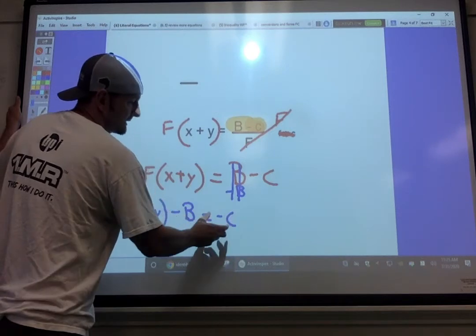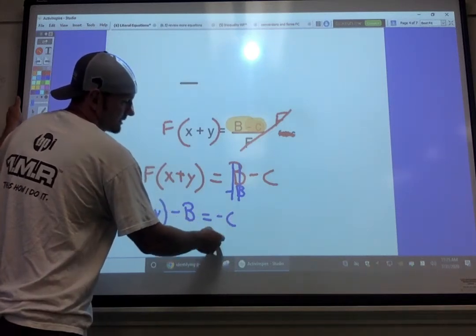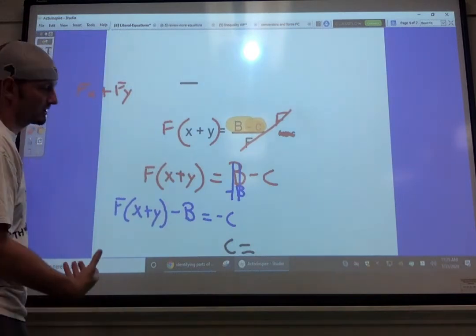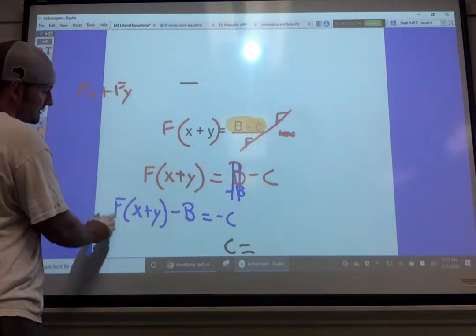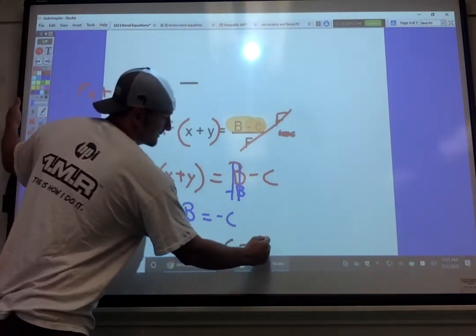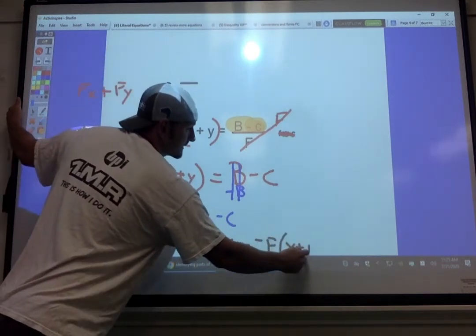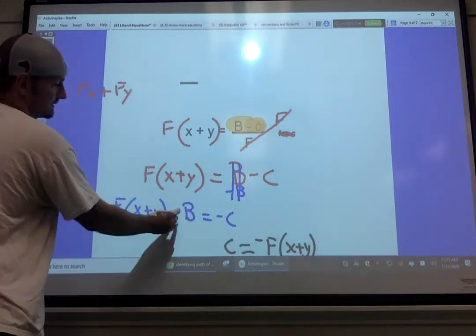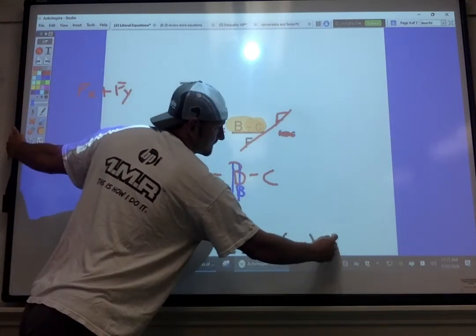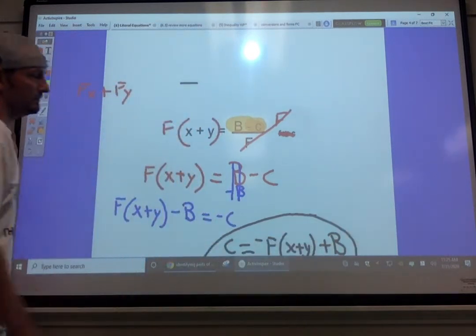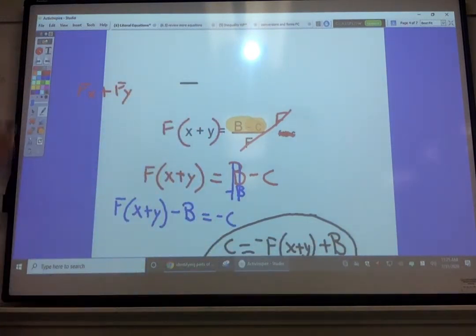So I'm going to multiply by negative 1, and multiplying by negative 1 changes everything's sign, so it'll make this a negative f times the x plus y. And then this will be a plus b. And there's your answer.